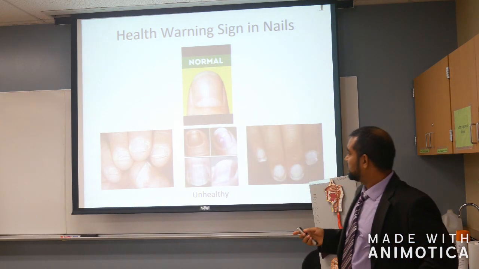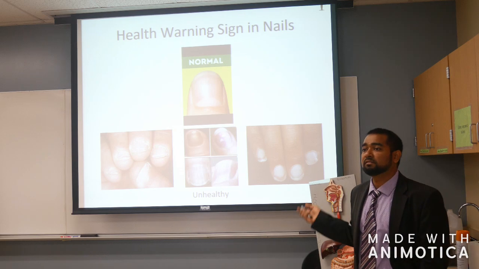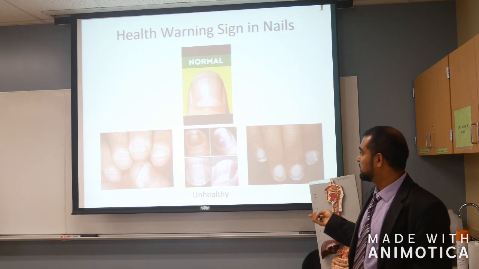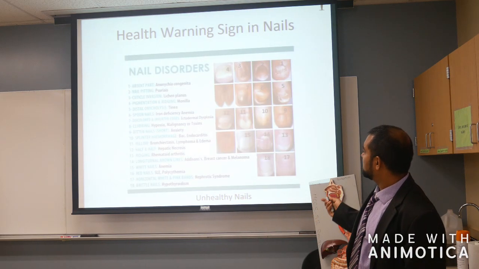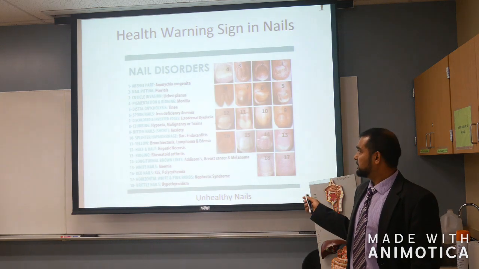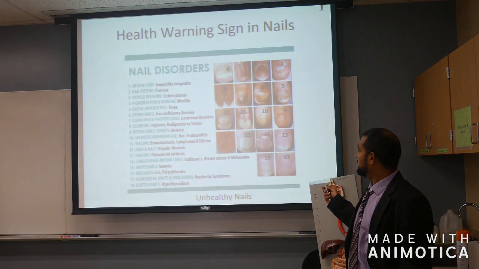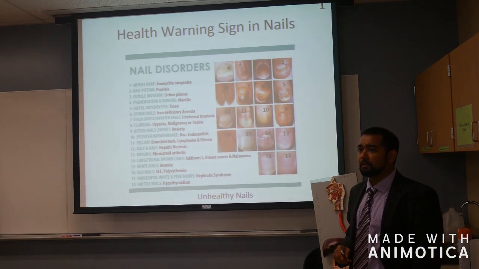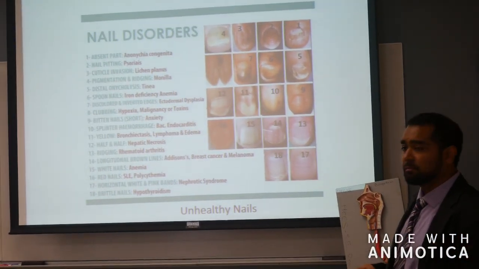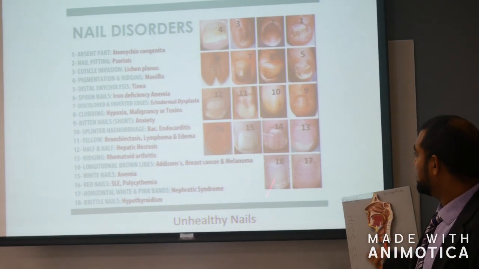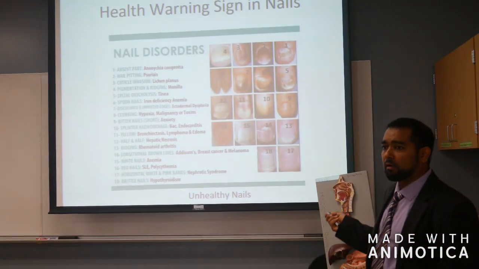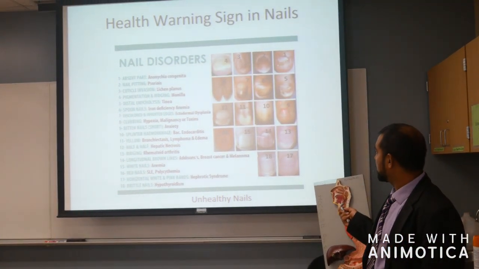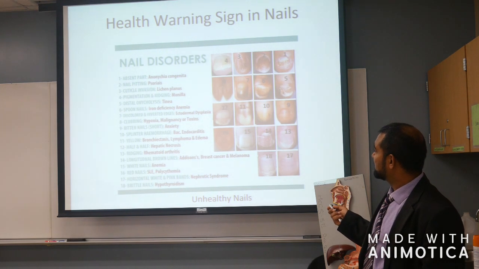So look at the nail, you can figure out what deficiency you have in your nails and then in your body. And there's a lot more to talk about. You have to look at every single type of nail, and from that you can figure out what problem that person has. Is it broken? Is the color purple, faded, red, or kind of white?